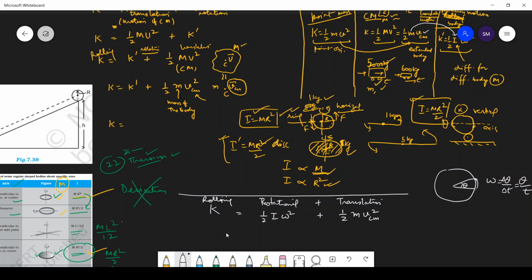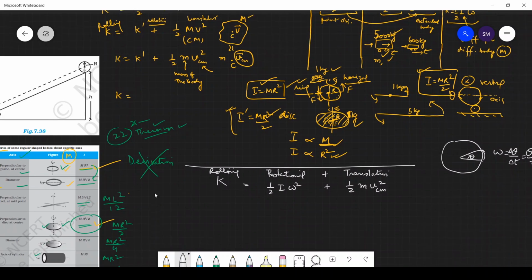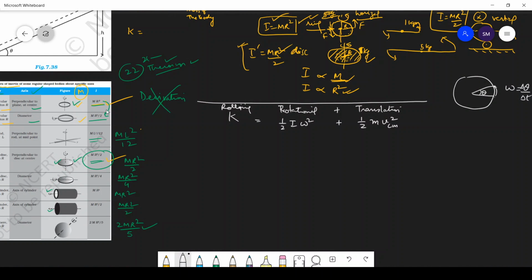Now we are substituting the moment of inertia. So students, in all the formulas you see the length, the r, you will find it as r square, so we can write this moment of inertia also as mk square, where k is the radius of gyration, and k will of course be different for all these bodies. So write mr square is equal to mk square. So what is the value of k here?